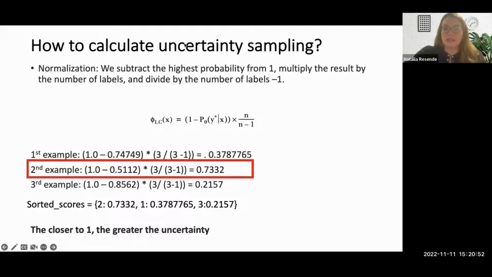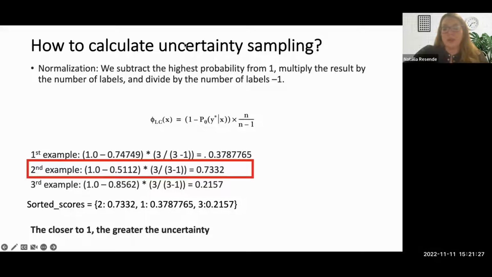Yeah, uncertainty sampling is the strategy used to select the most useful or the most informative instances from a pool of unlabeled data. From this pool, you have to select the most informative instances, because this way you are trying to reduce human effort and also save time.